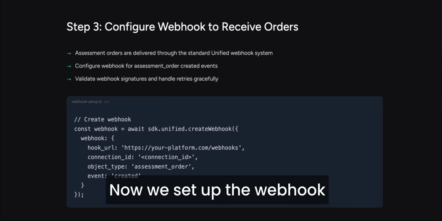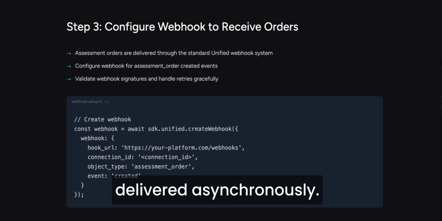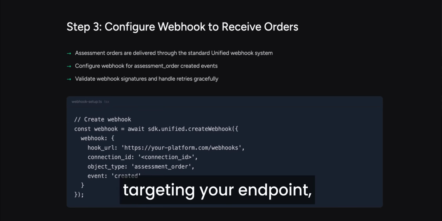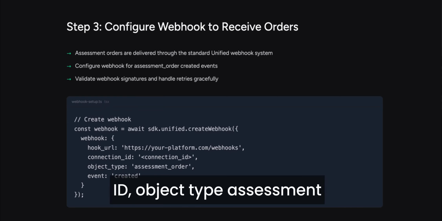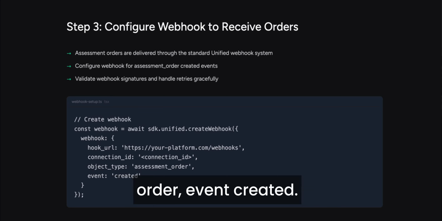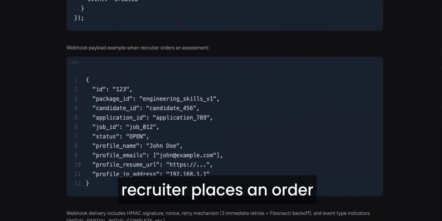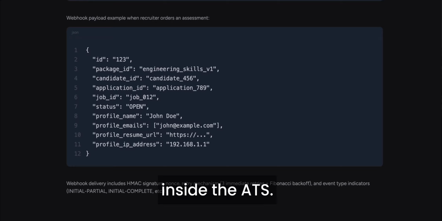Now we set up the webhook because orders are delivered asynchronously. Assessment orders use Unified's standard webhook system. You create a webhook targeting your endpoint, scope to the connection ID, object type assessment order, event created. That webhook fires when a recruiter places an order inside the ATS.